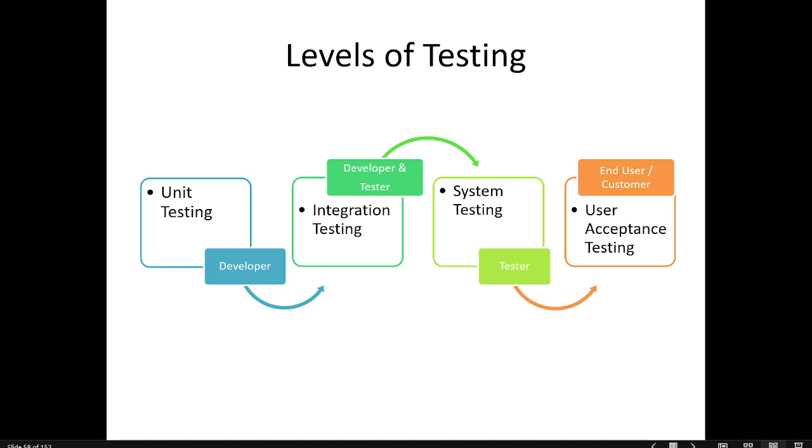The answer is no. It may get developed in pieces, and every individual piece needs to get tested. Again, when two or more pieces are developed, they need to be tested to see how collectively they are working. End to end needs to be done, and the customer who asked us to develop that software will definitely test. This is, in a nutshell, the levels of testing. Let's explore them one by one in detail. So, the first level, unit testing.